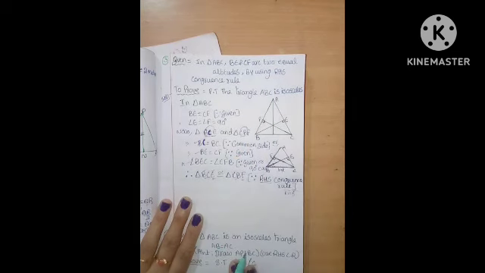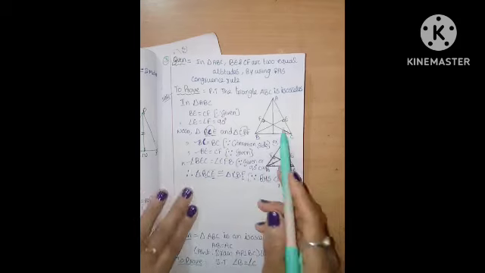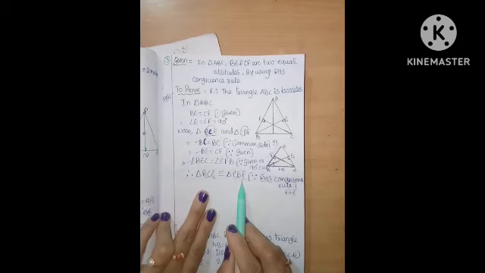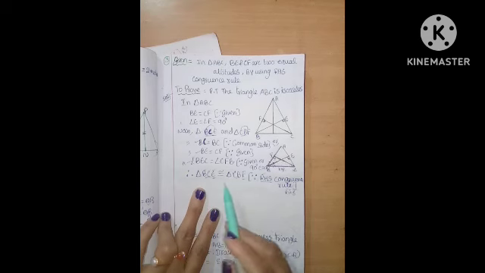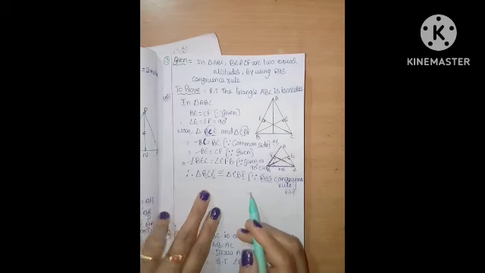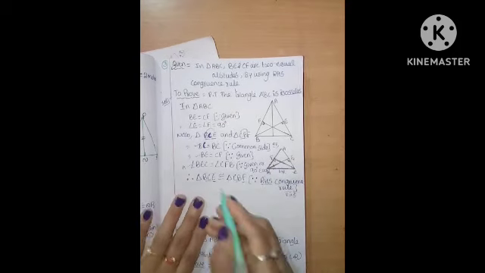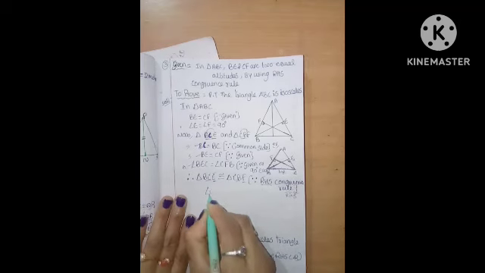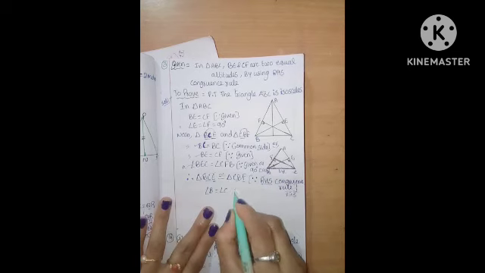And next, in this given question, what we needed to prove is that ABC is an isosceles triangle. So whenever two triangles are congruent, all the corresponding parts are equal by CPCT. All the angles and all the sides are equal. So here angle B is equal to angle C. Why is it equal?